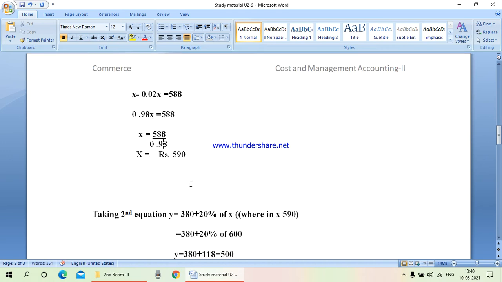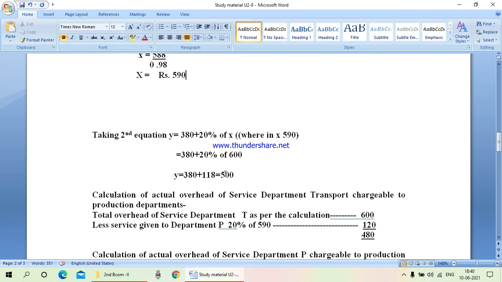So 590, here it is taken as 600. So wherein X is 600, make it nearly 600.